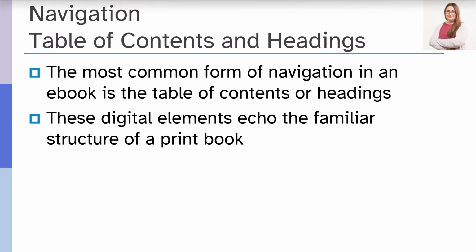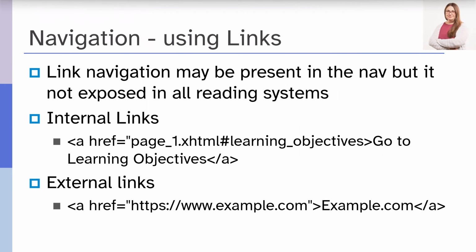We have some less common forms of navigation, links being one of them. And again, the link navigation might be created for the navigation file, but it doesn't necessarily mean that it's going to be available in the reading system. That's going to depend on how the reading system displays the information. But these links can be used internally, so you can say link to specific pages.